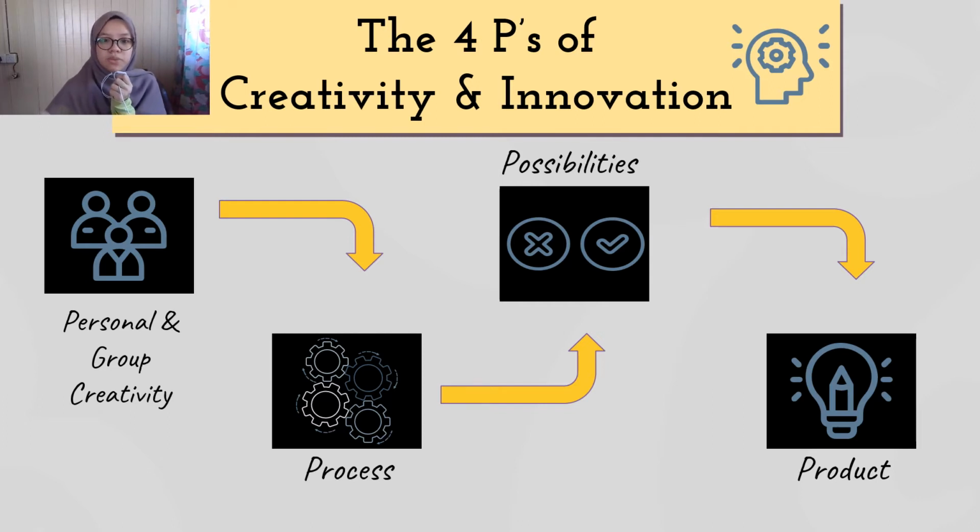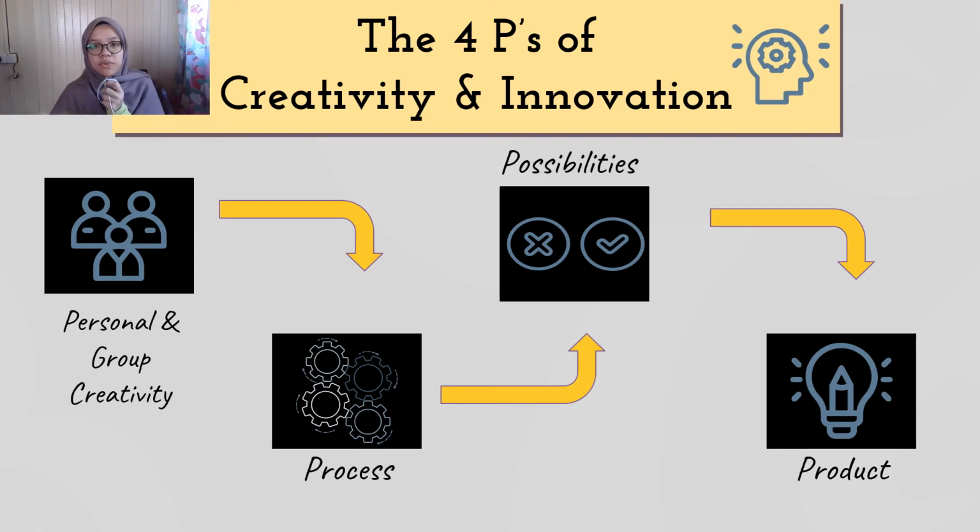For the first P, which is the personal and group creativity, in order for you to be creative, you have to free yourself from something restricting your creativity. This also includes practicing new habits that will improve your creativity. The individual functions within a group to balance the dynamic of the group in order to improve your creativity.